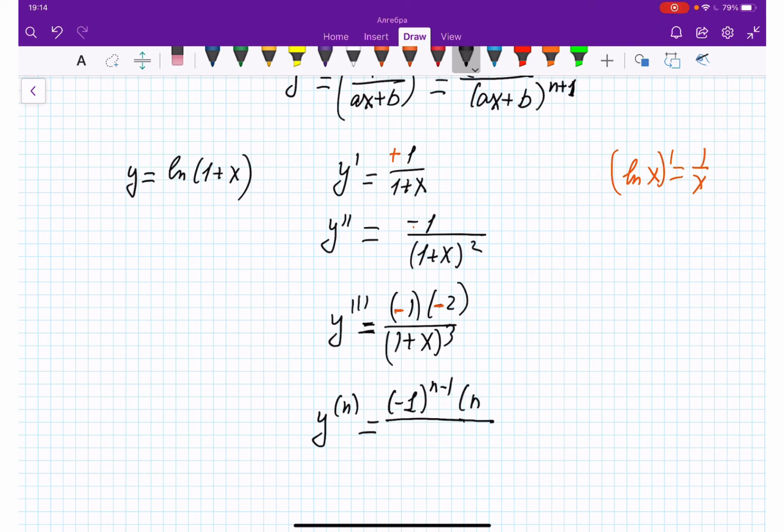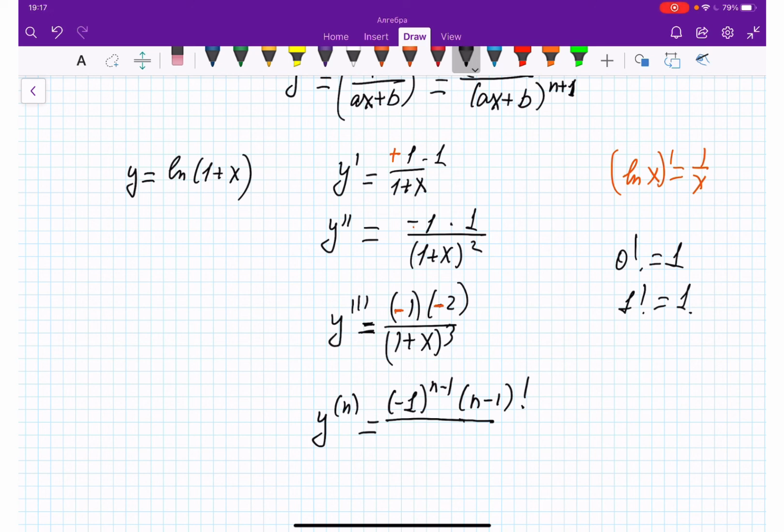And n minus 1 factorial, because look here, factorial of 0 is going to be 1. Here you have 1. And then factorial of 1 is 1. And here also you have 1. And then you are getting negative 2. If you take the fourth order derivative, it will be negative 1, negative 2, negative 3. The fifth order derivative will be negative 1, negative 2, negative 3, negative 4.